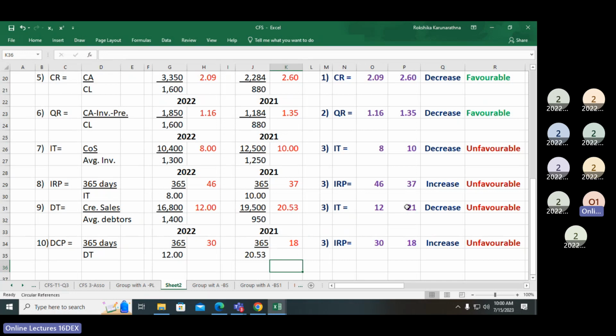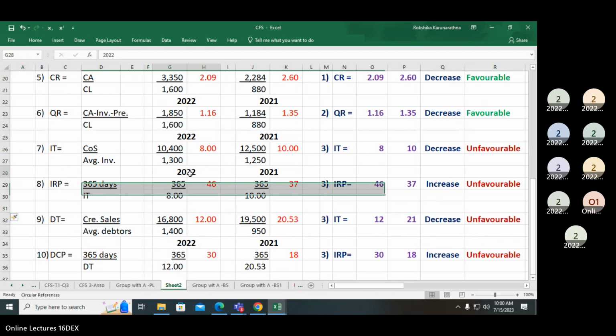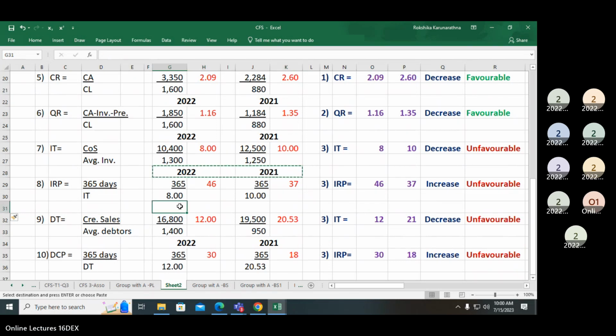So that is decrease. Debtors turnover decrease is unfavorable, and debtors collection period increases. So it takes longer period to collect cash from debtors, which is again unfavorable.